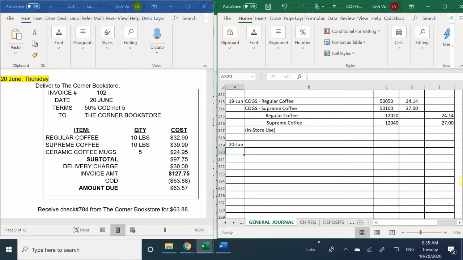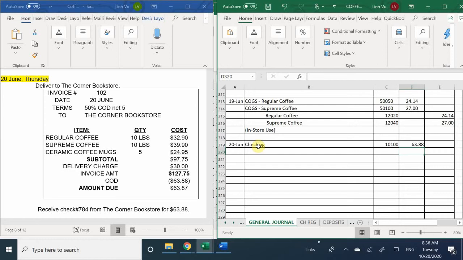Debit on the checking, because we received a check for the amount of 63.88. And checking, then the sales. The delivery charge, is that going to be a debit or a credit? That would be on the credit. There should be one more on the checking.